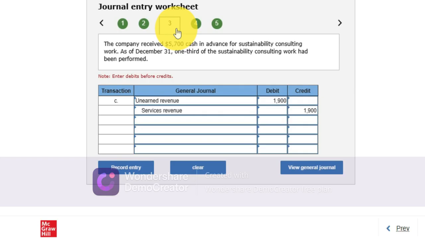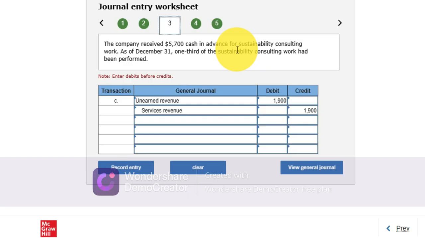In our next case, we are going to talk about unearned revenue. Here we have unearned revenue for consulting work. The company has received 5,700 in advance of work that they are supposed to do, and one third of this work has been completed.